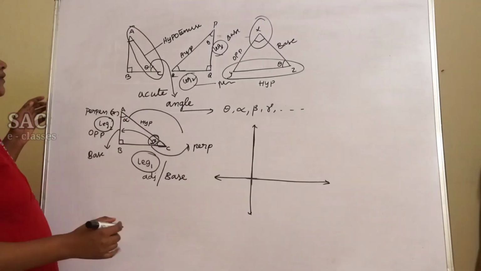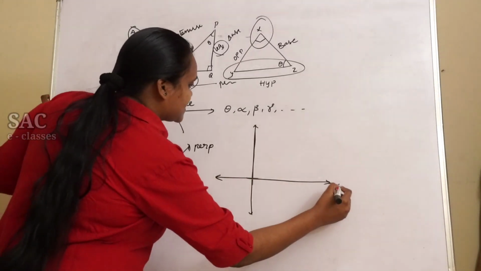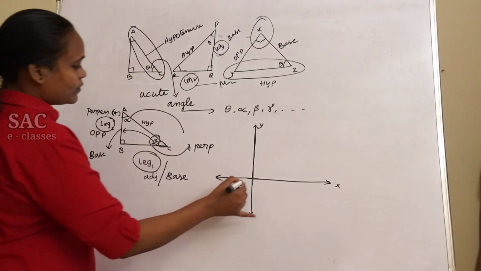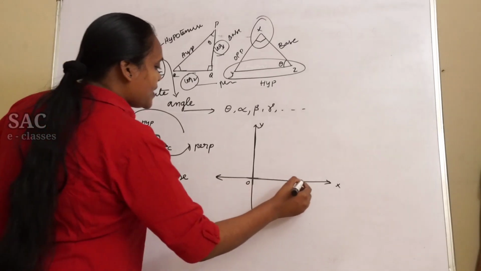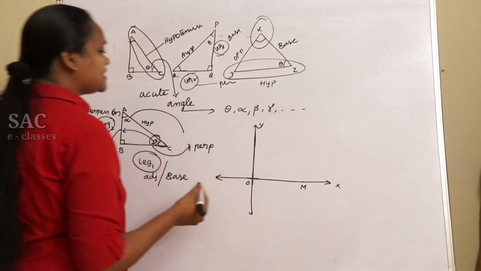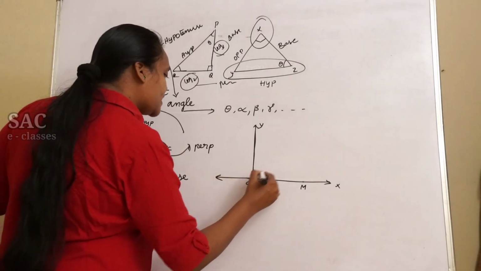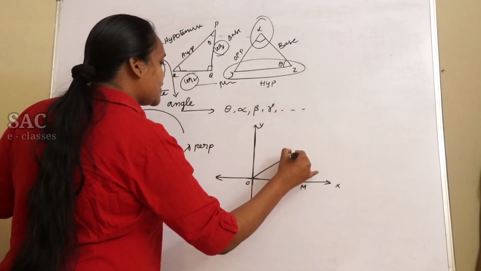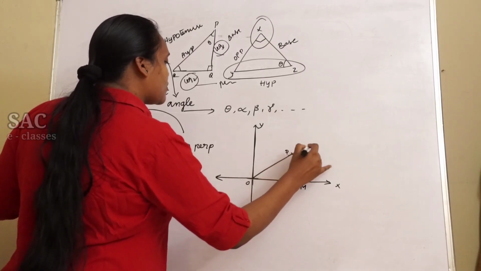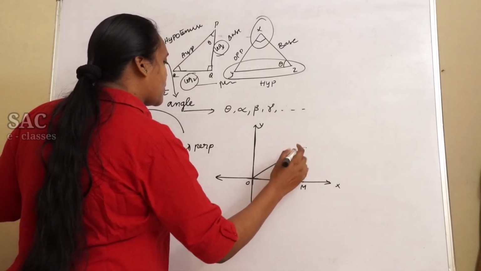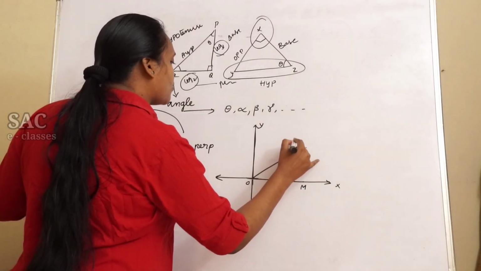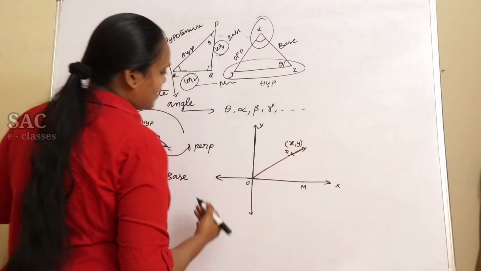Here it is the x-axis and y-axis. I have taken a Cartesian plane where O is the origin. Maybe OM is the initial ray where OP is the terminal ray, where P is a point on the terminal ray. P has the coordinates x comma y.